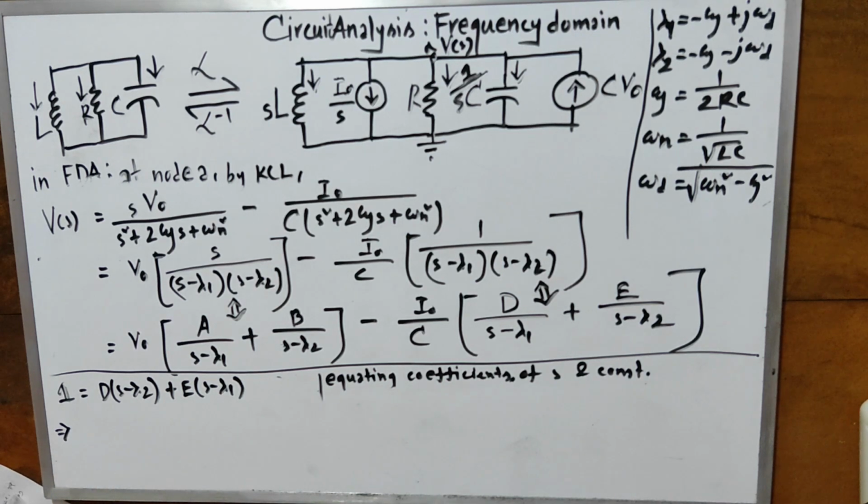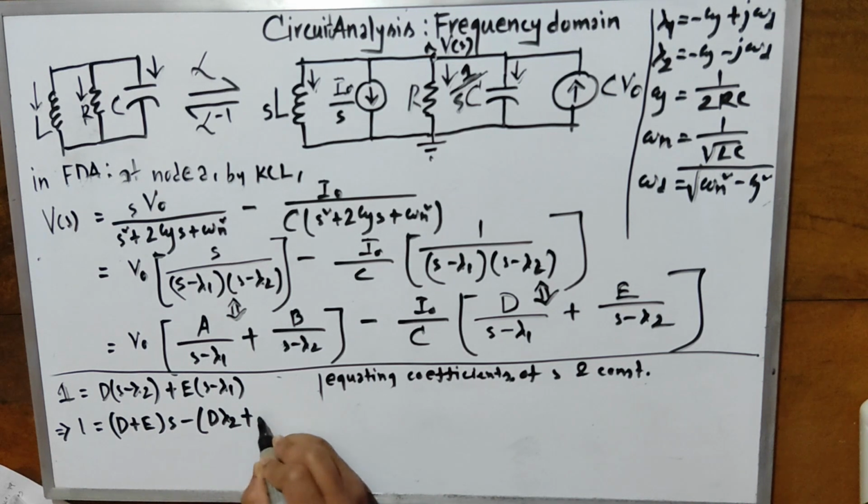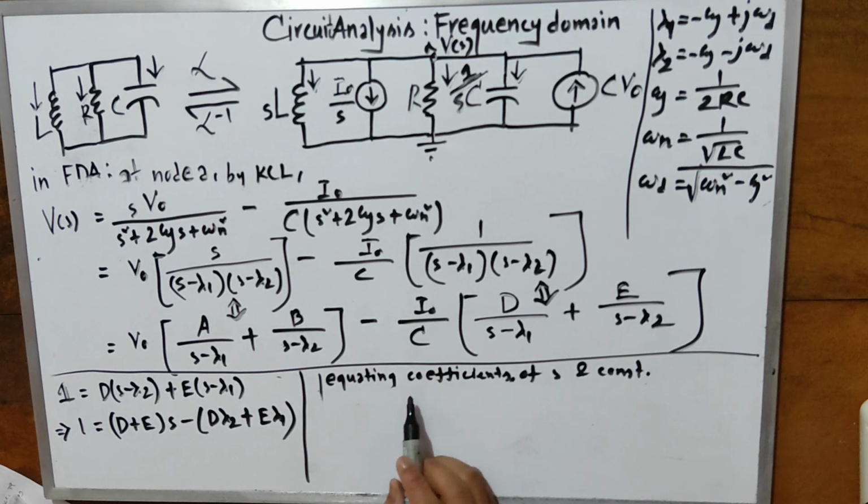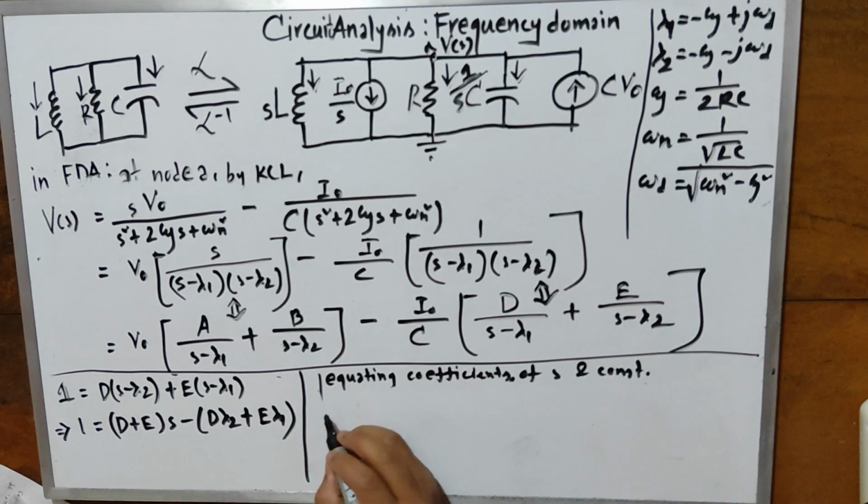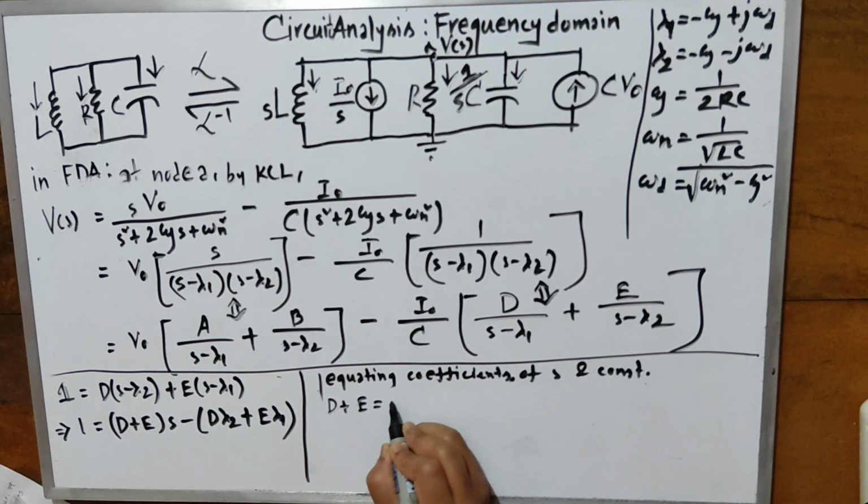So this will give me 1 equals d plus e s minus d lambda 2 plus e lambda 1. So same as before, equating coefficients of s and constant, it will give me d plus e equals 0. So d equals minus e.